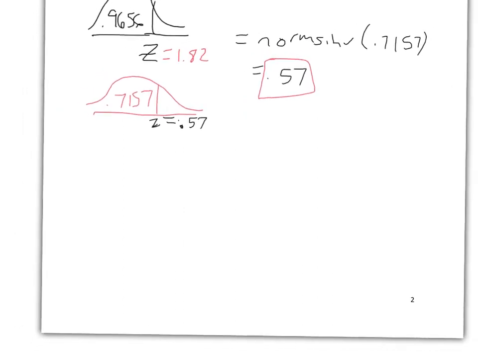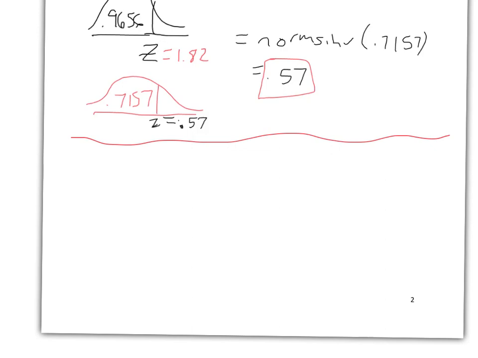Okay. So the first one was 99.45. I'll draw my line here, and I'm just going to show you how I would do it. Since I want everything to the right of it, the area I have is to the left of it, so I have to do 1 minus. And I'm looking for the Z value, not the area.